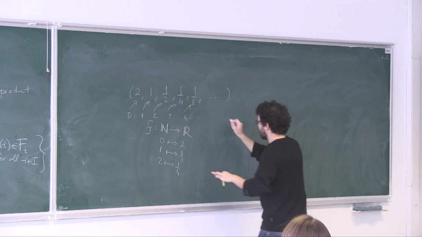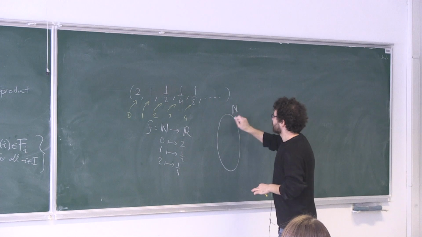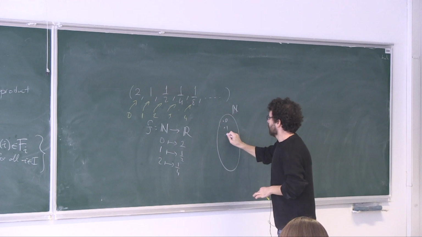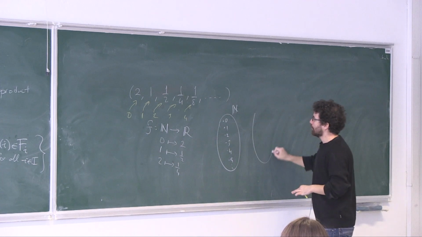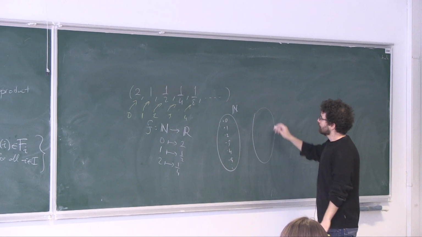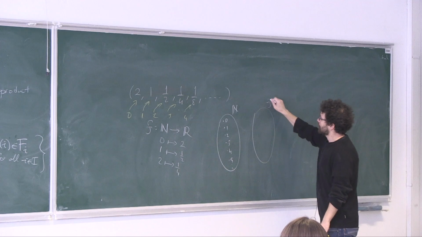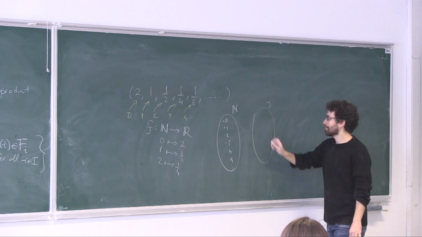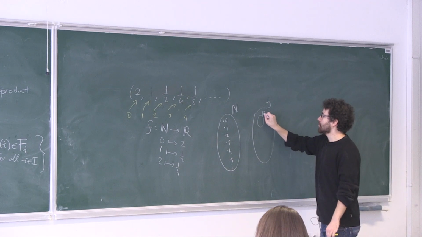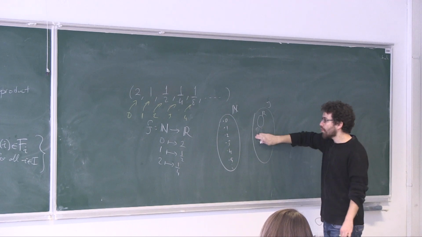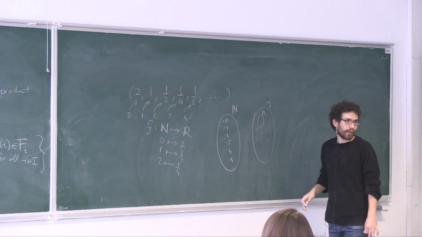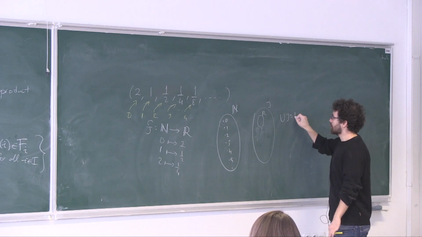What am I doing over here? These are my natural numbers. This is my J. The elements of J are simply the same set, just real numbers. There's only one set in here. So the union of J is real numbers.